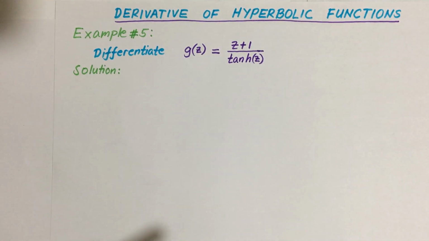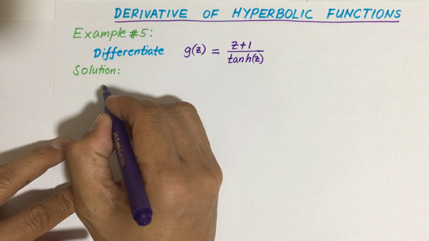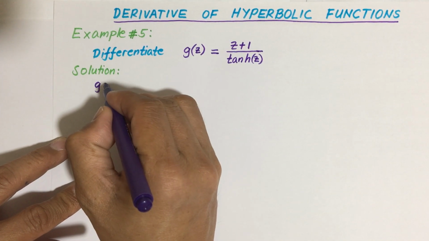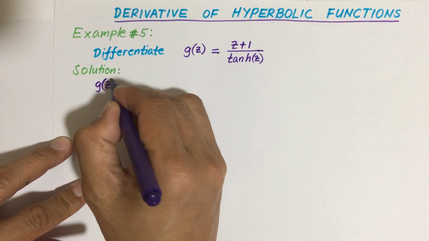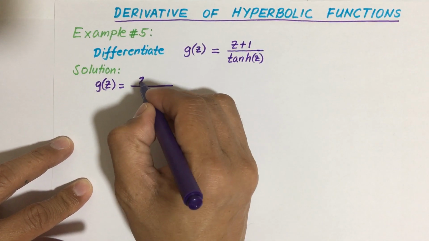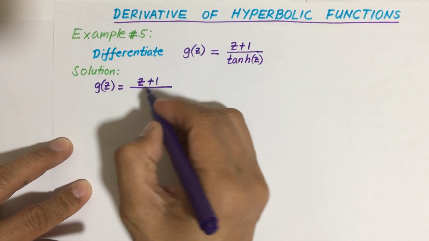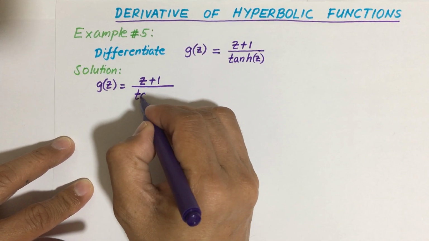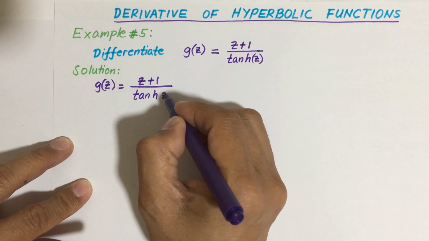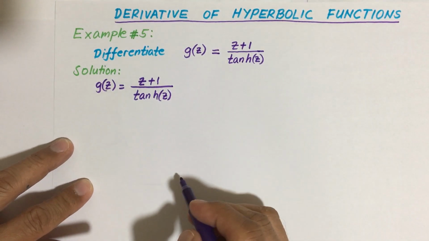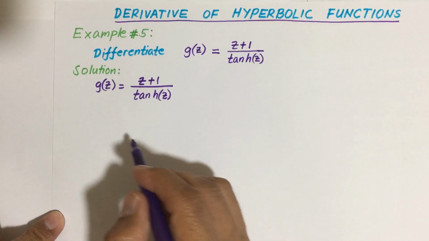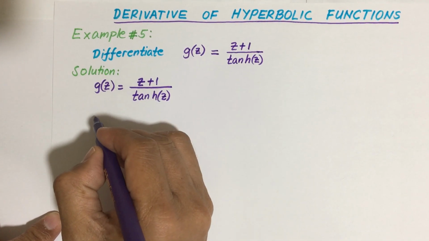Alright, so for our solution, let us copy the given function. The function of z equals z plus 1 divided by hyperbolic tangent of z. We are asked to differentiate or find the derivative of this given function.